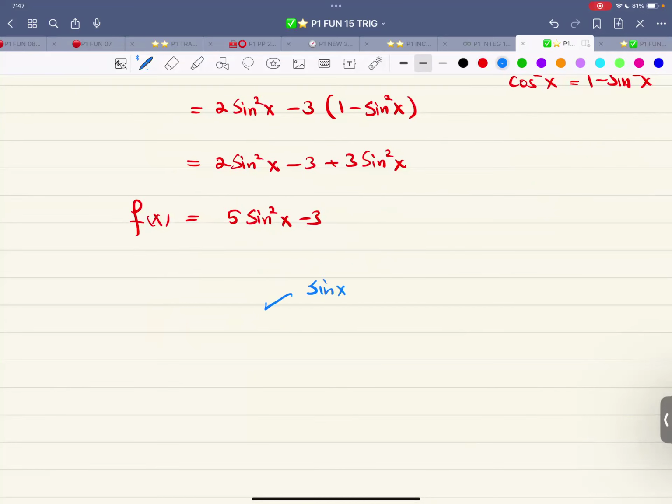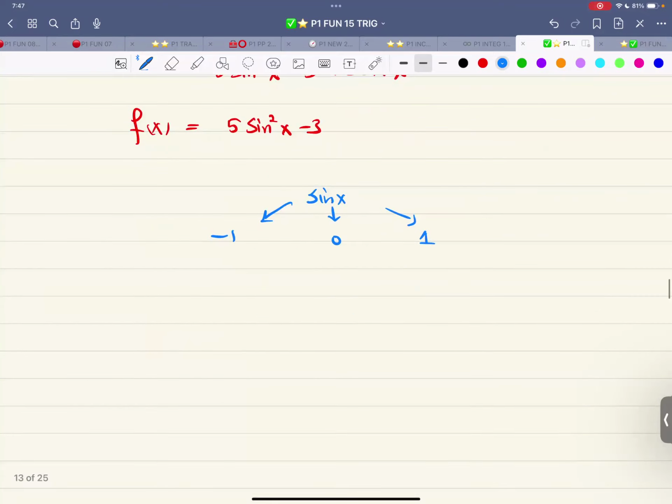Again, the same scenario. Sine x will have a minimum value of -1, a maximum value of 1, and an in-between value of 0. I'm interested in sine square x. So -1 squared becomes 1, 1 squared becomes 1, 0 squared remains 0. So this is 0, this is 1, this is 1.